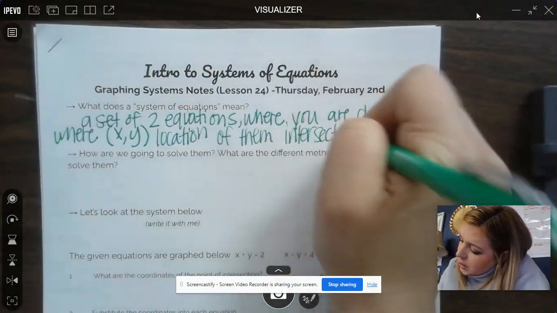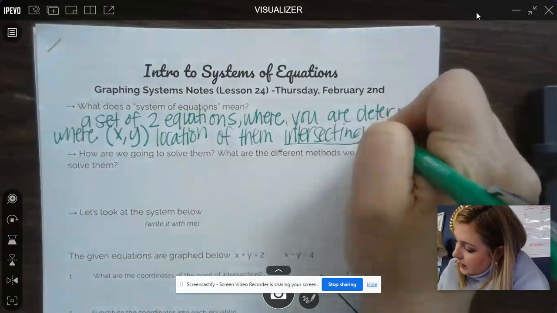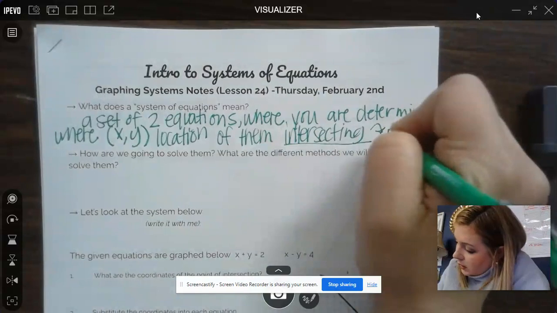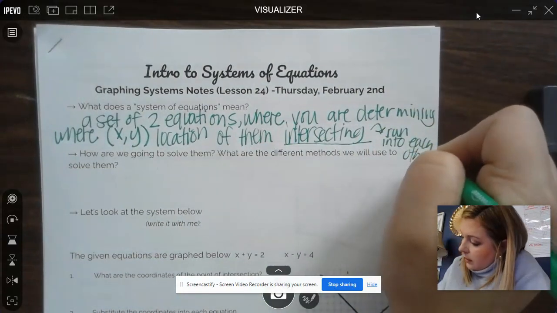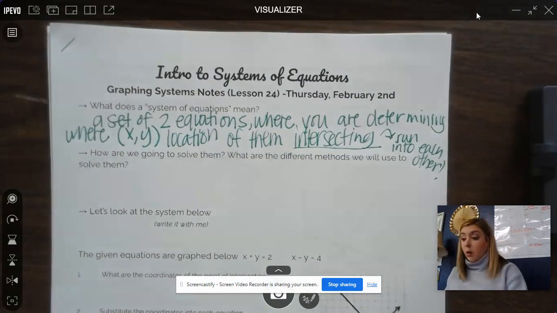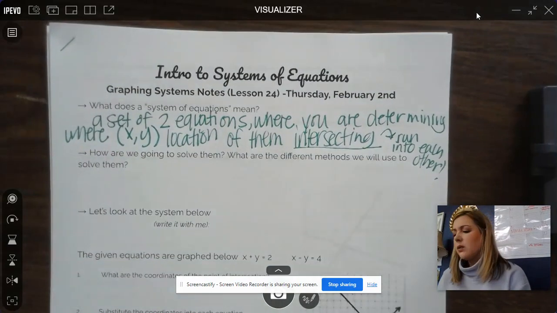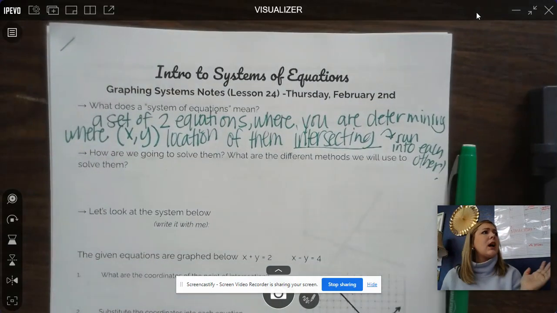And if you're like, oh, I don't 100% know what intersecting means, it's where they run into each other. So this whole idea is we're going to take those two equations and figure out where they run into each other. Okay?